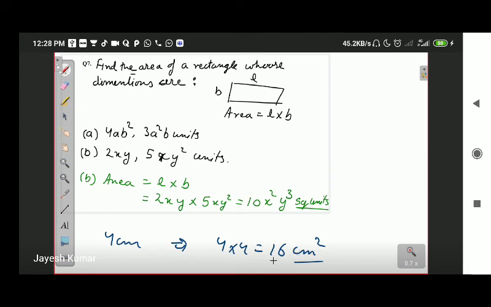That is why I have put square units. I cannot write it as unit square, that is incorrect. I write it as square units, sq. units. In the same manner you can do the first part as well, quite easy.